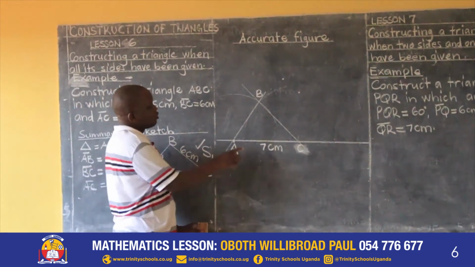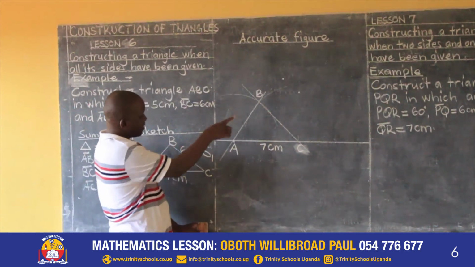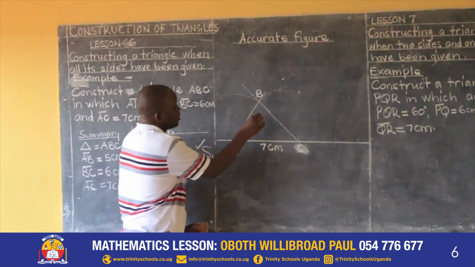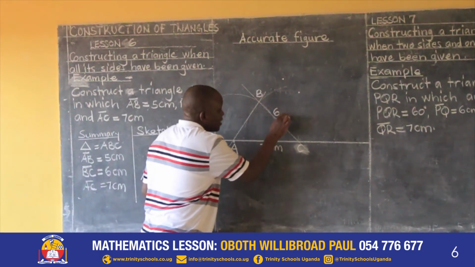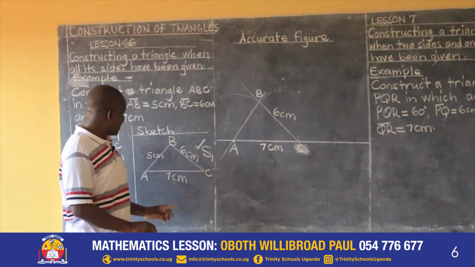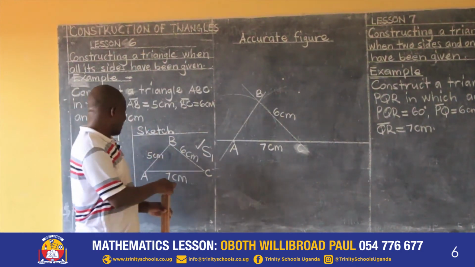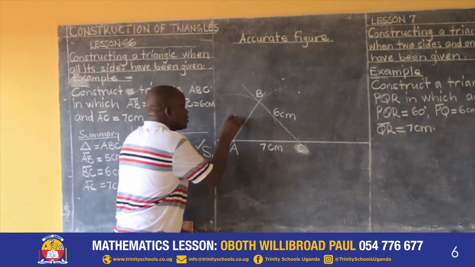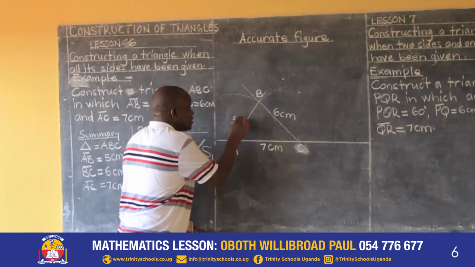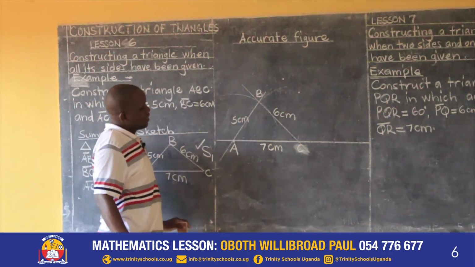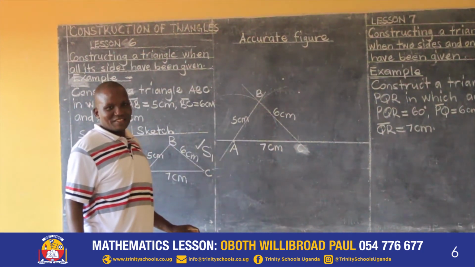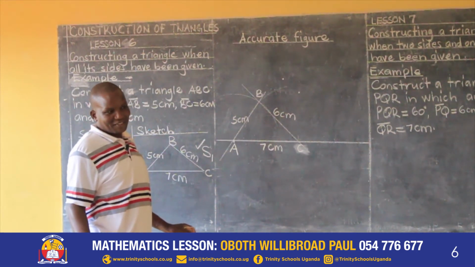Go ahead to write what is the length BC according to our sketch, and according to this information, it is 6 centimeters. Indicate it. What is the length AB? According to our sketch, it is 5. Even according to this information, it is 5 centimeters. Indicate it. That has been so easy, constructing a triangle when all its sides are given.